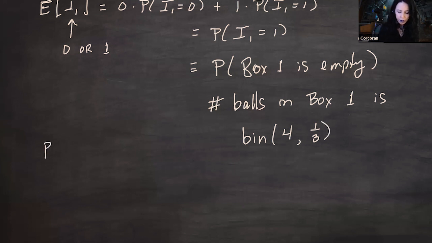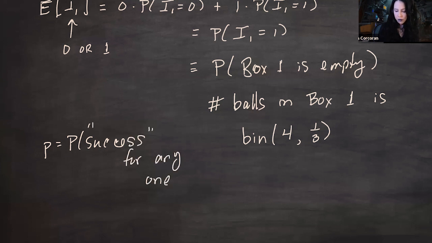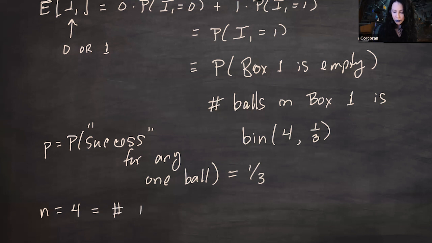So little p is the probability of success for any one ball. Success means you get into box 1, and that's going to be 1/3 of the time. And n equals 4 is the number of trials to get those successes.